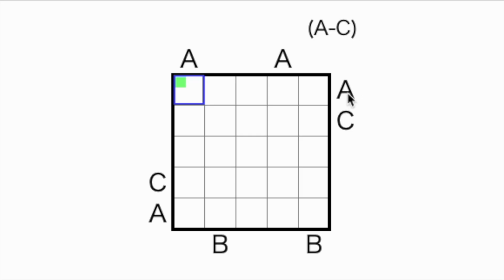This A right here, since A has to be the first letter, and there are 3 different letters to fit here, A could be in any of those cells, but couldn't be in the last 2 cells. And since A is the first letter we're going to encounter in this column, this couldn't possibly be a letter at all. Because if it was a letter other than A, we would have broken this clue. And if it is an A, we've broken this clue.